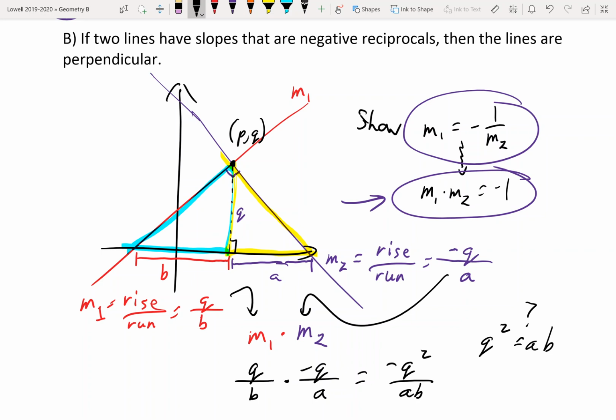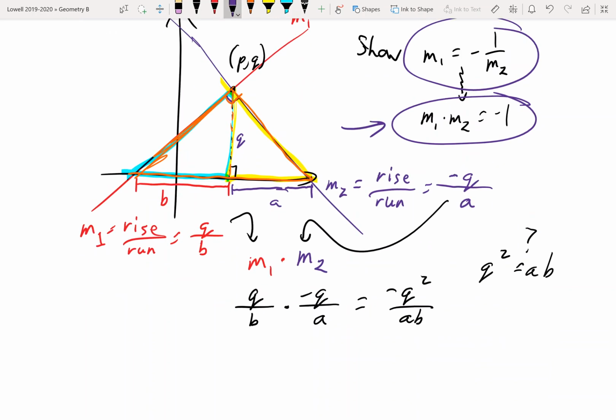Wait a minute. If I remember correctly, there's something magical that happens when I have a right triangle, this big orange one, and then I draw that height. Several things came out of this, but the one that's helpful here is that the height, which in this case is Q, is the geometric mean of A and B, the hypotenuse segments.